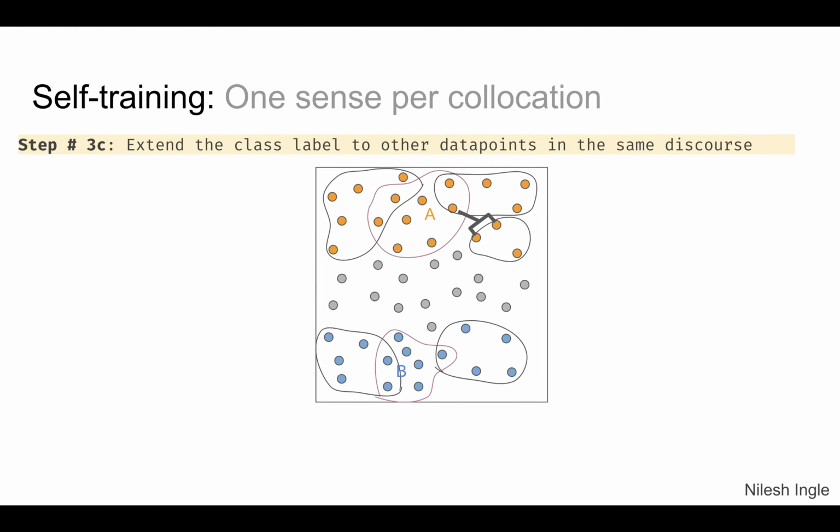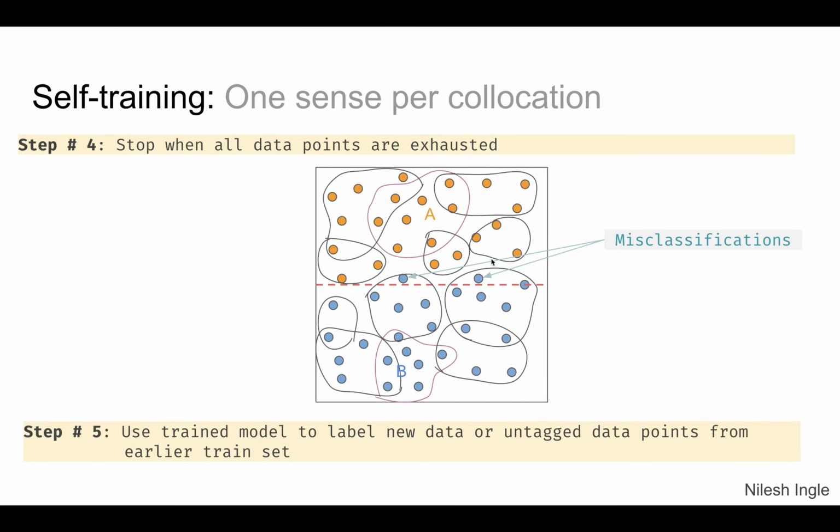And while doing that, if there are data points in the same discourse, what I mean by that is, let's say we have a document in which we know that there are data points that are specifically referring to the word fruit apple, then we would classify the instances of the sentences containing apples in that document as belonging to the same class A. And that's what this dark line shows, bridging by considering these to be in the same class A. And we iterate over the steps until finally we have all the data points covered.